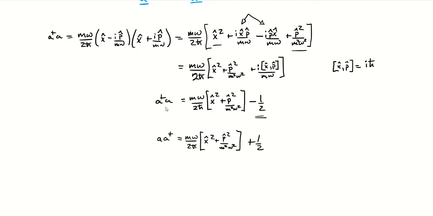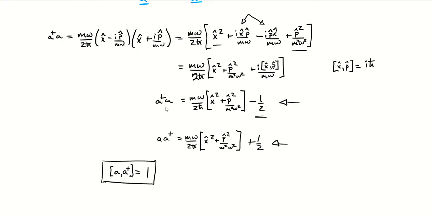So we can actually look now at what our commutation is between our lowering and our raising operator. And it turns out, well, let's just take this, subtracting this, that's what our commutation relation is. That equals 1. So really quickly, we can go through just the same sort of thing and see that our raising and lowering operators don't commute.